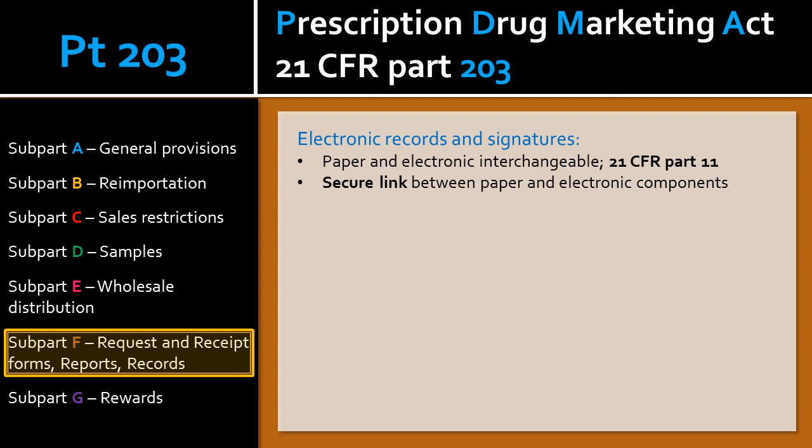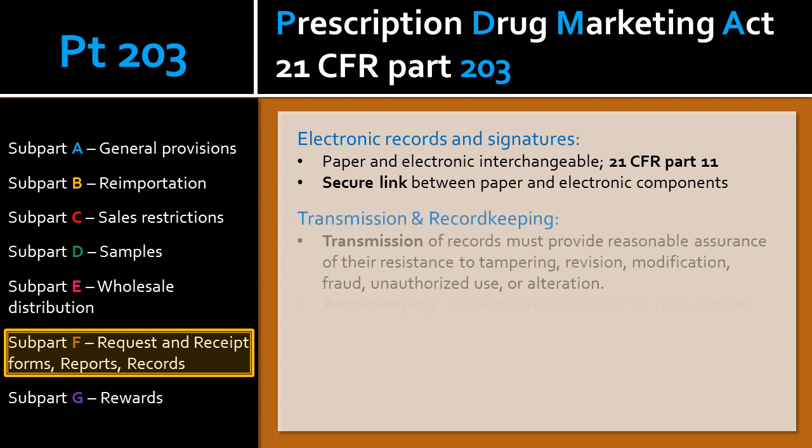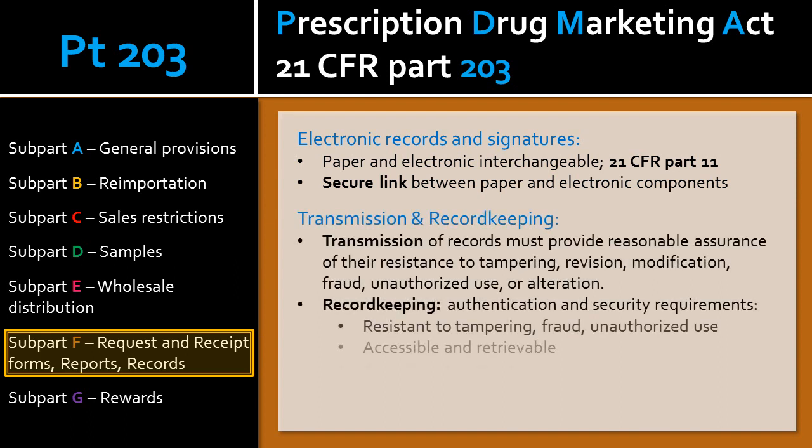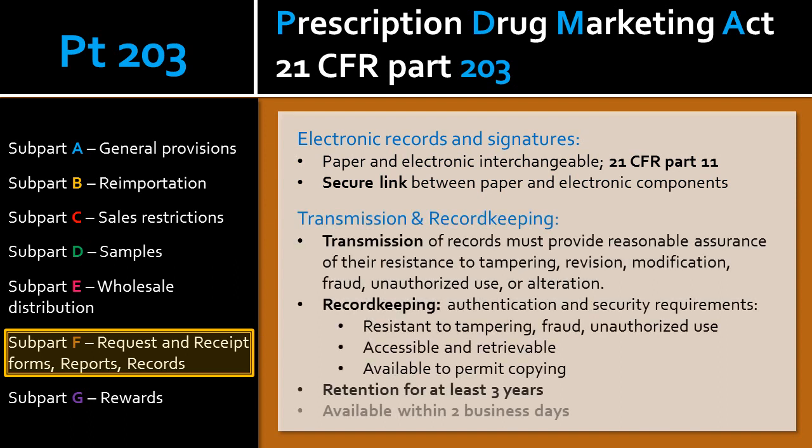Section F, Requests and Receipt Forms, Reports and Records, details requirements on the use of electronic records, signatures, and their combination with paper records. This section also covers maintenance, security, and authentication of distributors' records and their transmission.